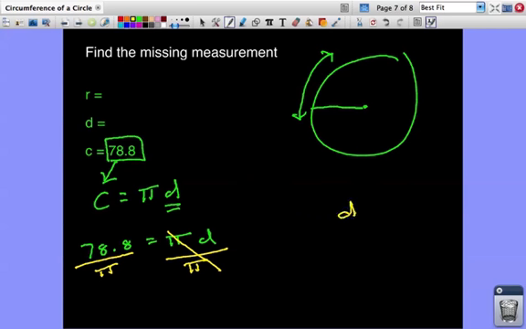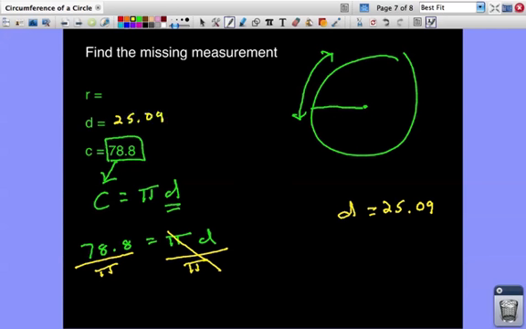Now, for the sake of time, I'm just going to do the division on my own, on my calculator. And when we do it, we're going to get an answer of 25.09, or 25 and 9 hundredths. So now I know my diameter is 25 and 9 hundredths.